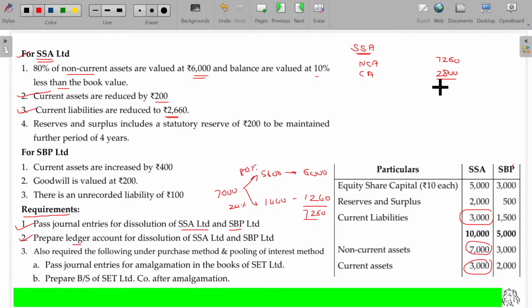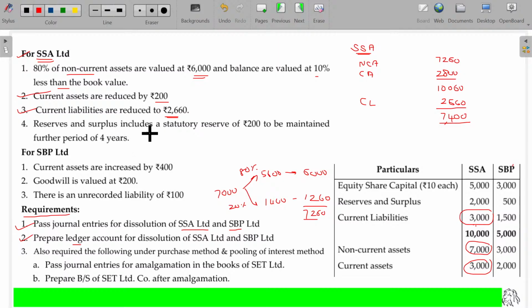So the overall value being 10,060, and current liabilities in this case being 2,660. So then 7,400 will be the purchase consideration. 7,400 will be the purchase consideration. Is that clear?